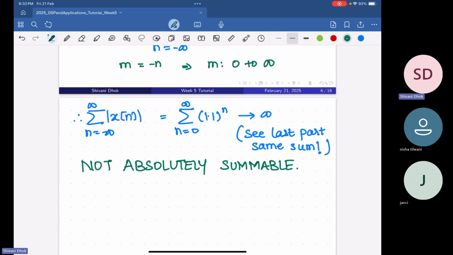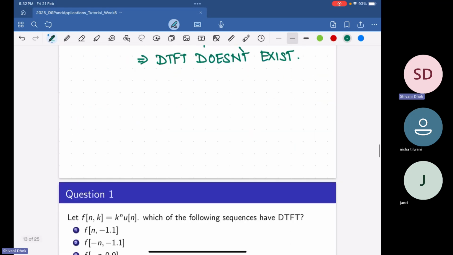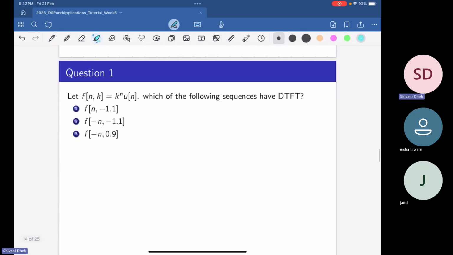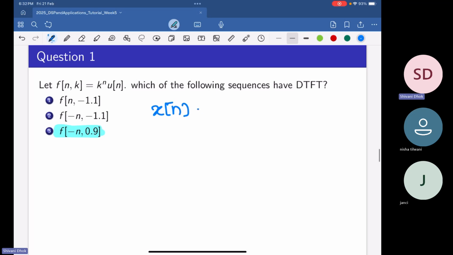Which means DTFT does not exist. Now let us repeat the same thing for the last part. So this is our last part. Here x of n is f of minus n comma 0.9.